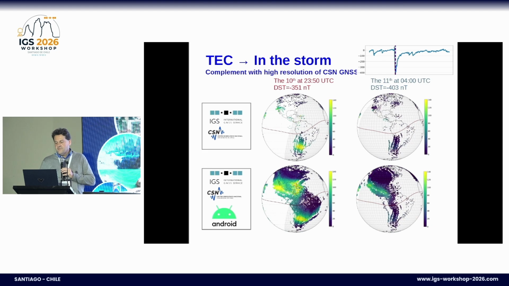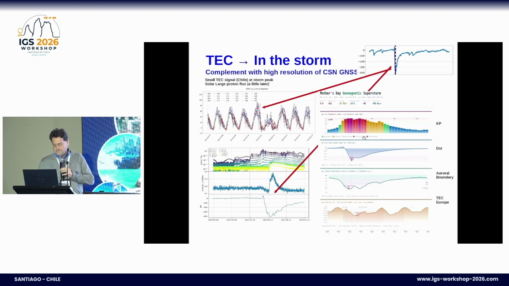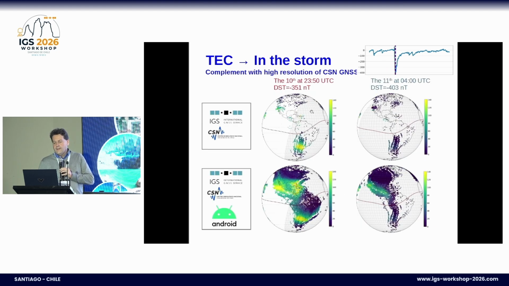It's quite interesting physically that, for example, when the DST was quite low, minus 351 nanoteslas, you have a very active TEC, but then a little later, 4 hours later, more or less, you actually have a very inactive TEC response over Chile.